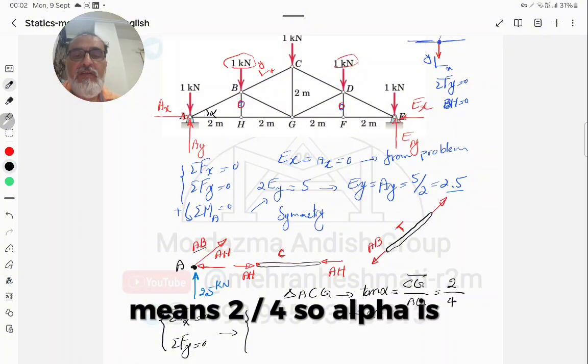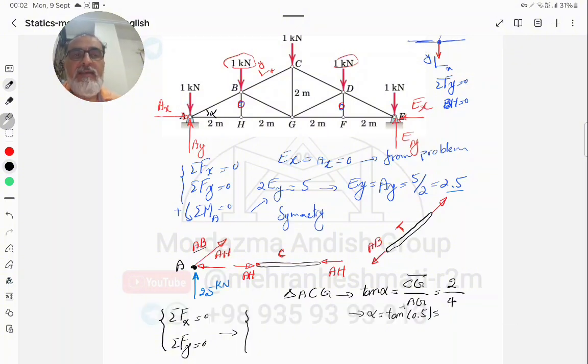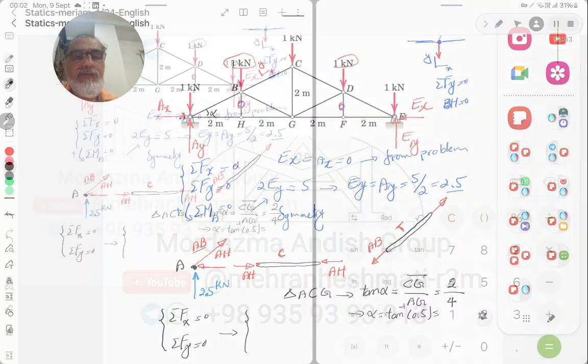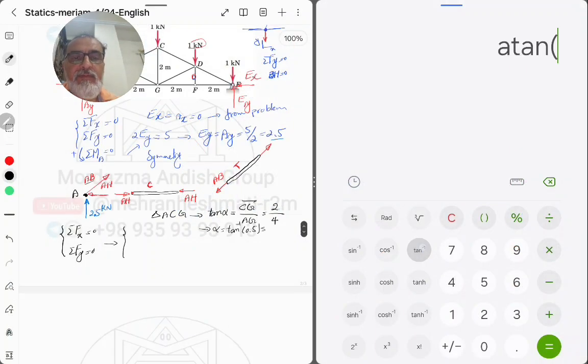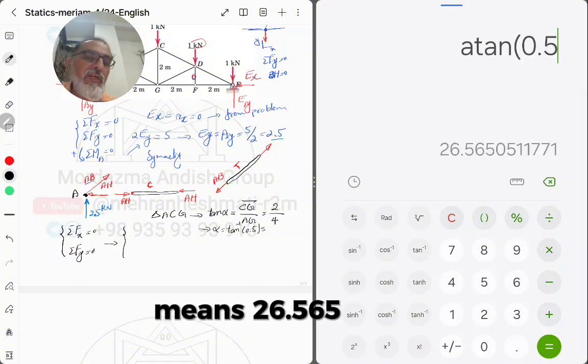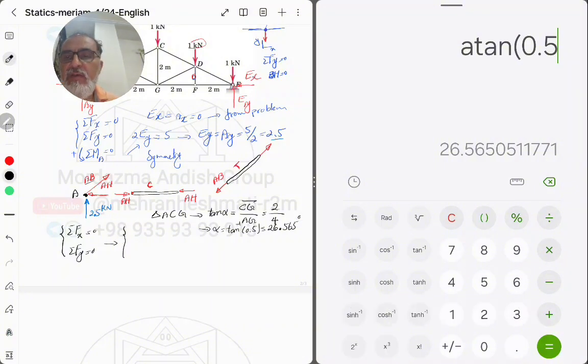So alpha is equal to inverse tangent, meaning 26.565 degrees.